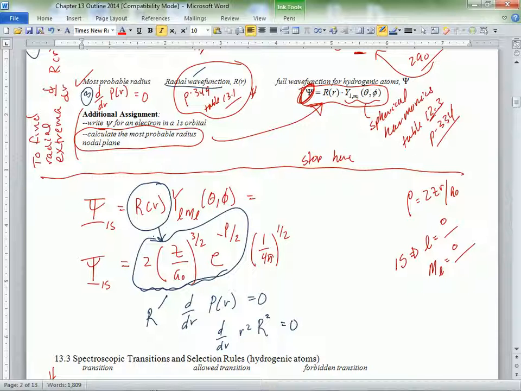Does that look familiar? You did this in the concept preview. You did this exact problem. All you do is take these two and write this function in here. Now, do you see an R in here?